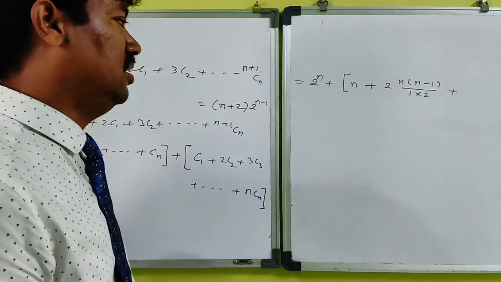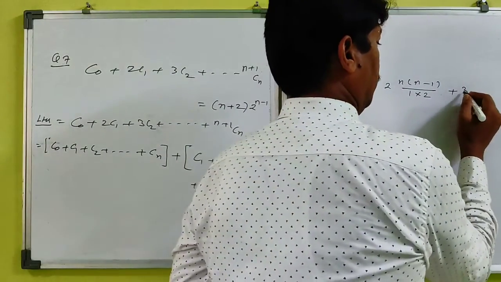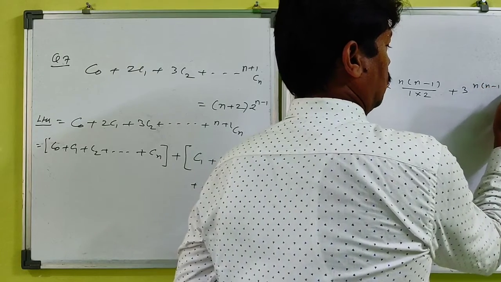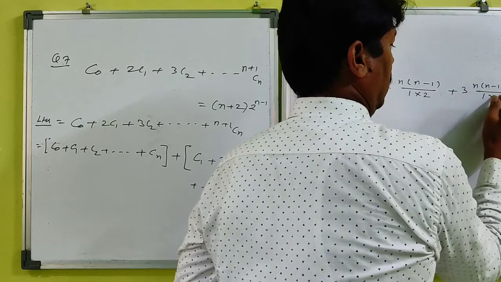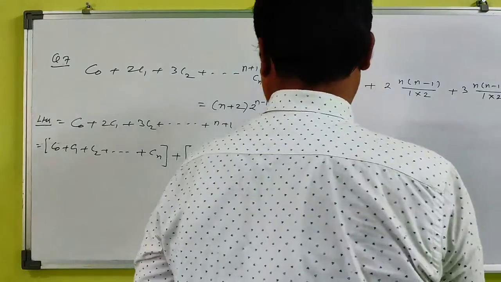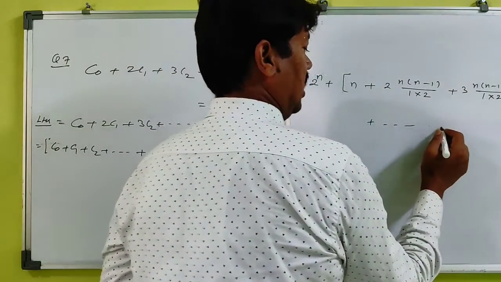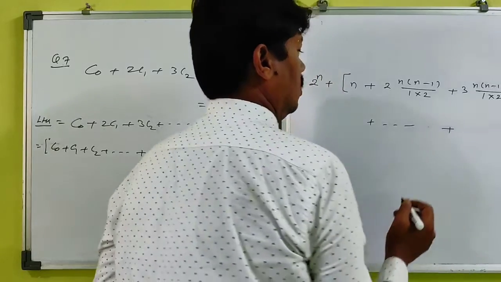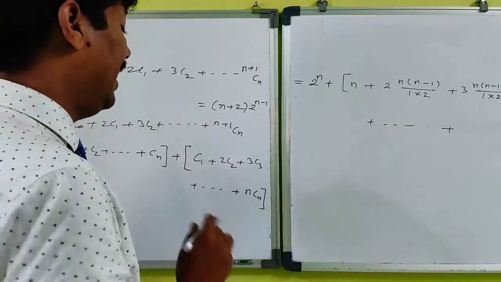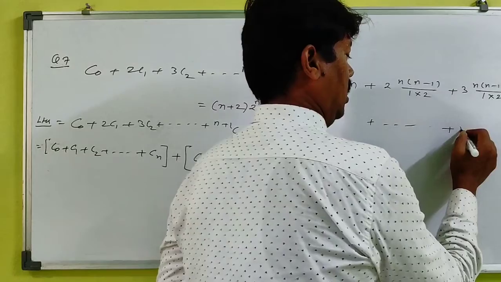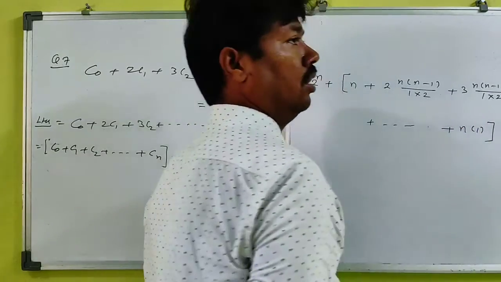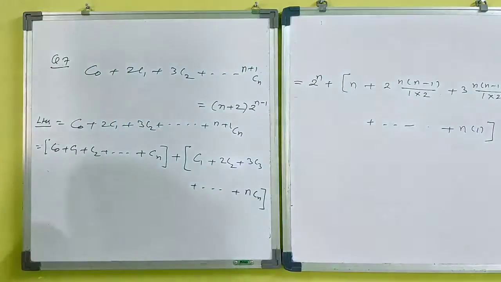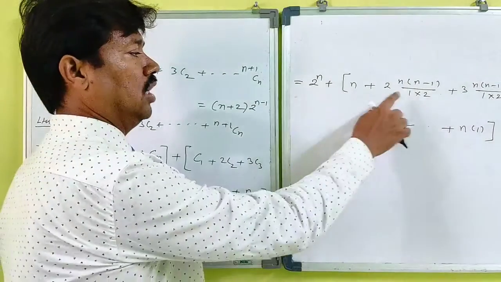Similarly, 3C3 is 3 into n(n minus 1)(n minus 2) over 1 into 2 into 3. Like this, the last is nCn, so nCn is equal to n into 1.